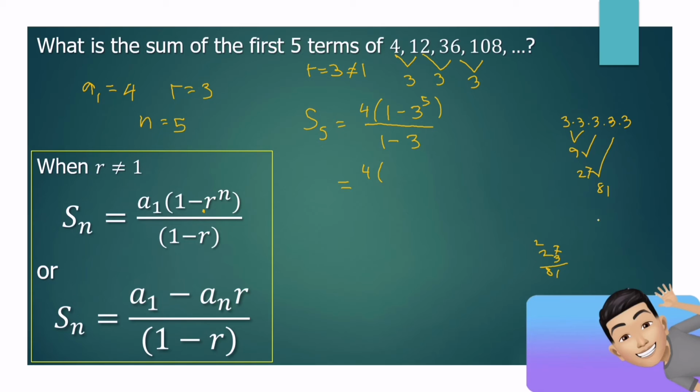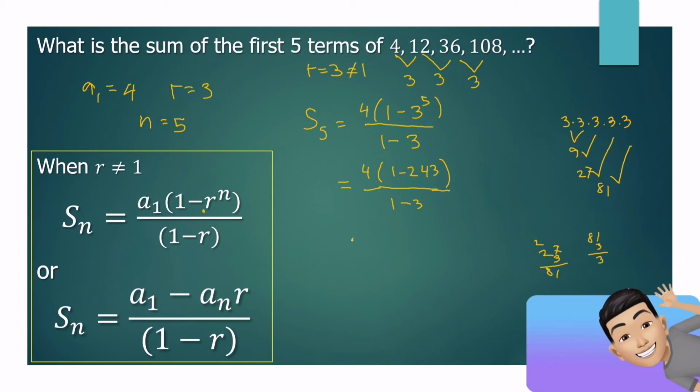Times 3, 243. So, 1 minus 243 over 1 minus 3.